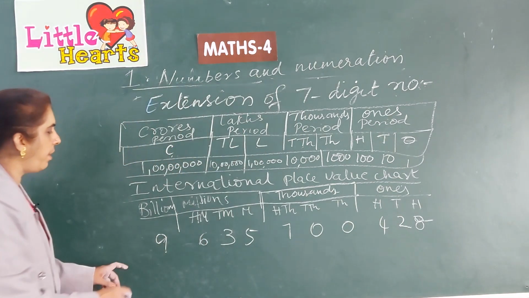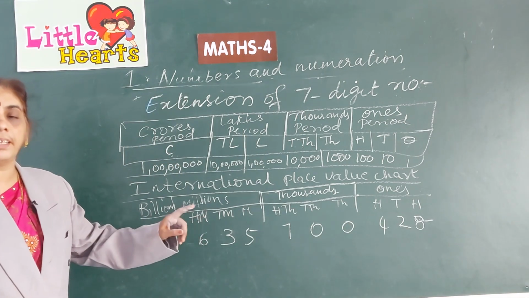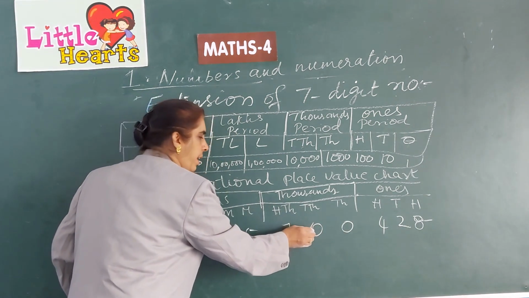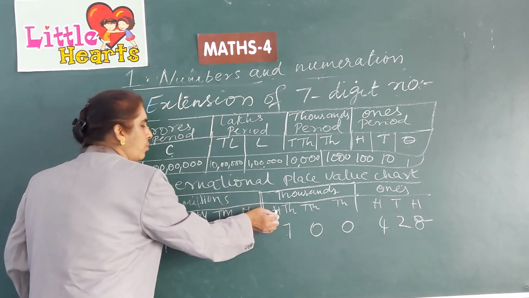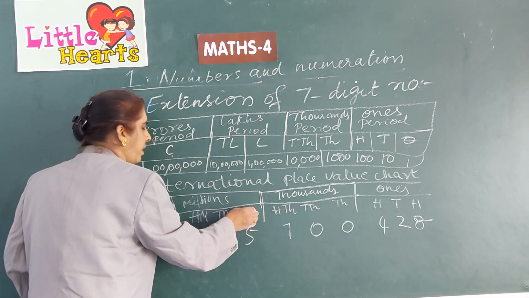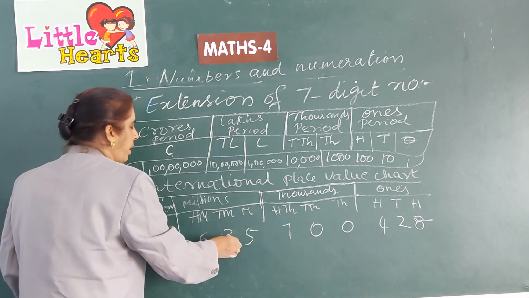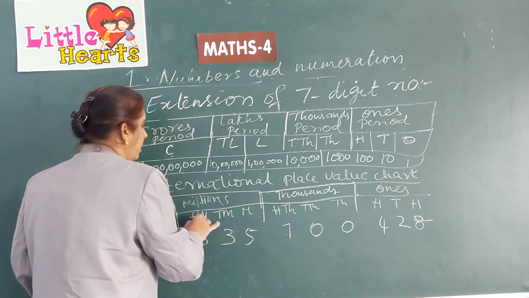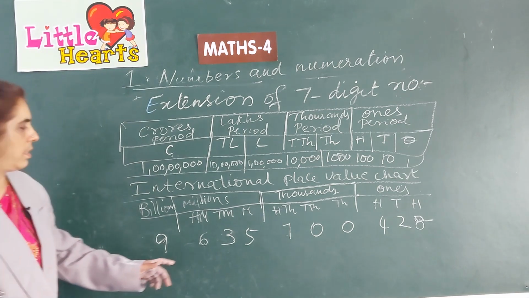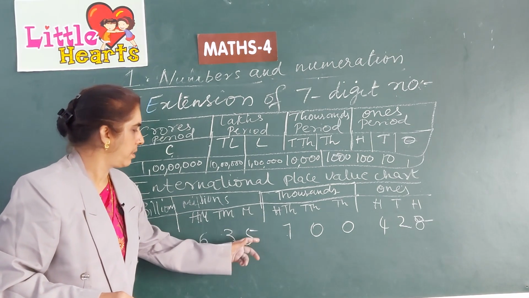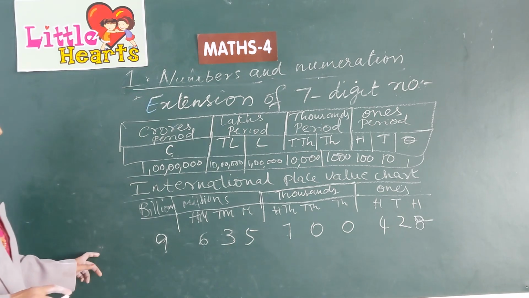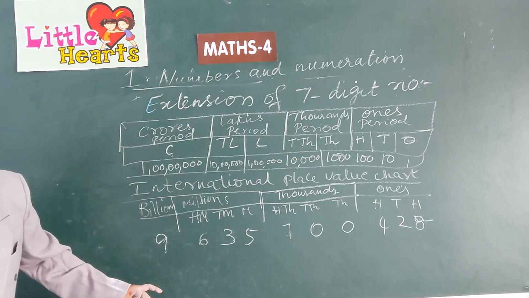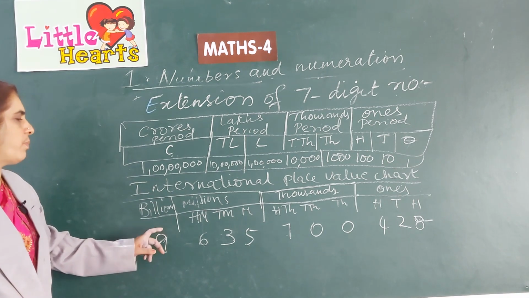This is the way you should read in international system. The places are same until 10,000. Lakhs becomes 100,000s, 10 lakhs becomes millions, and crores becomes 10 millions, and 100 millions is 10 crores. In this way, you can read a number in international system according to the place value chart.